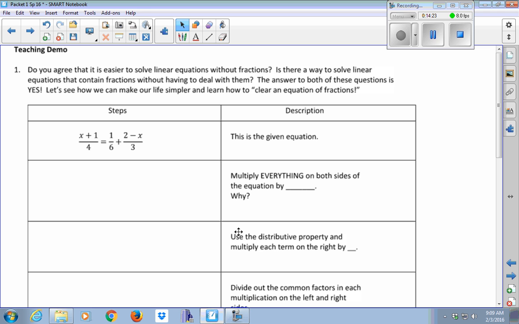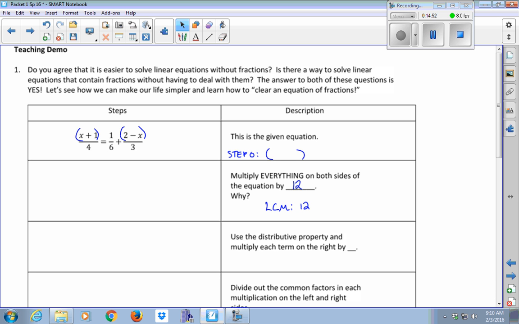So the way we do this is we find the multiple of all of the denominators, and in this case we've already found it. So the lowest common multiple is 12. And what we're going to do, again, step 0, before we even get there, is to put little parentheses around those numerators, okay? So put your parentheses in because the book's not going to do it for you and my math lab's not going to do it for you.